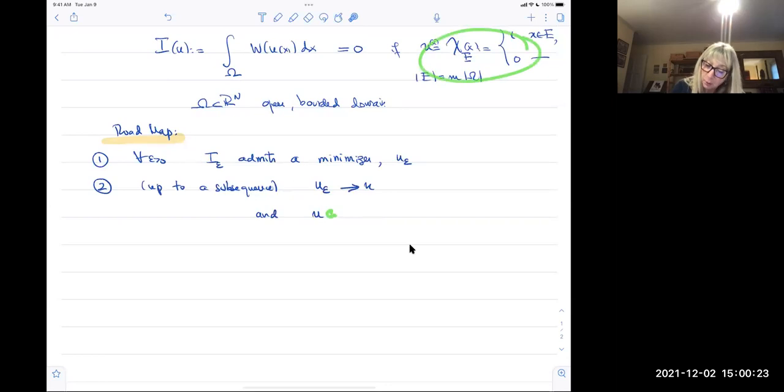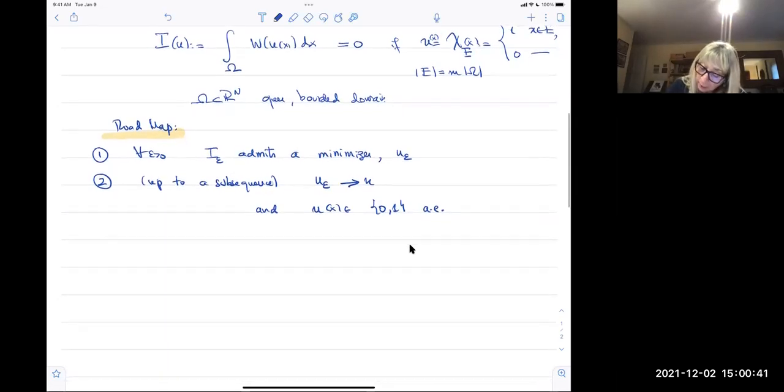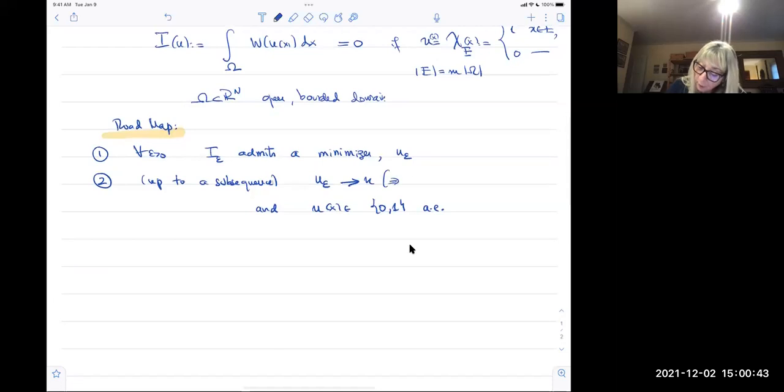So u of x belongs to {0, 1} almost everywhere. In particular, I want this convergence to be such that I have pointwise convergence almost everywhere.